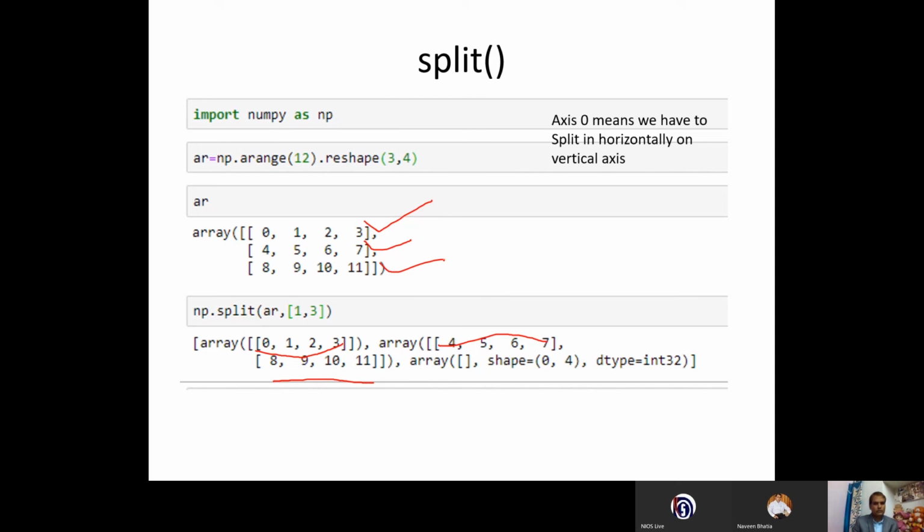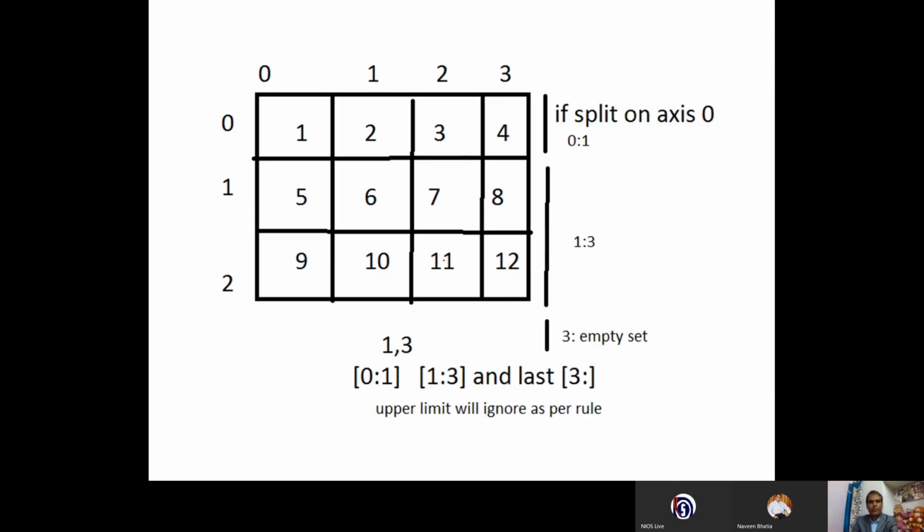Is it clear? Right. So this is the explanation of this split function. If the axis is given, how it will split. Number of rows are there, number of columns are there. Based on this, it will be split.